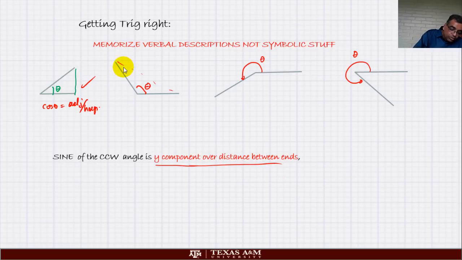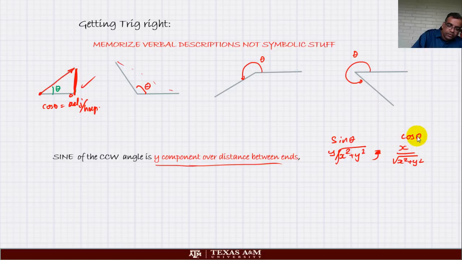So this is the y component, the distance between the two vectors. This is how it works. You can do that for all of them. Y over r, y over the square root of x squared plus y squared, and x over the square root of x squared plus y squared. This is sine theta and this is cos theta.